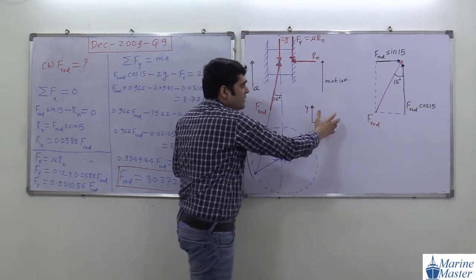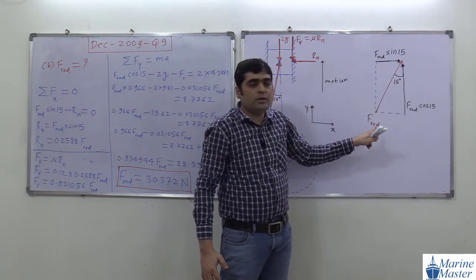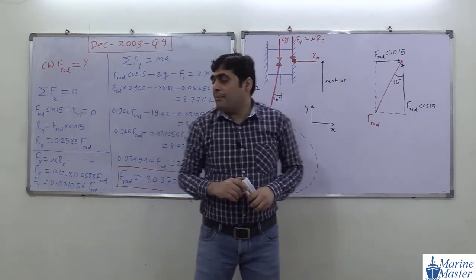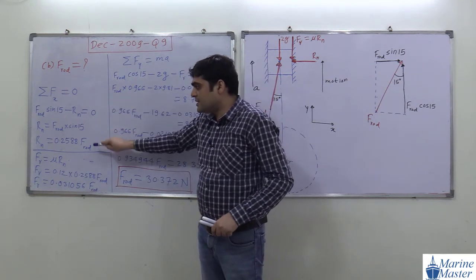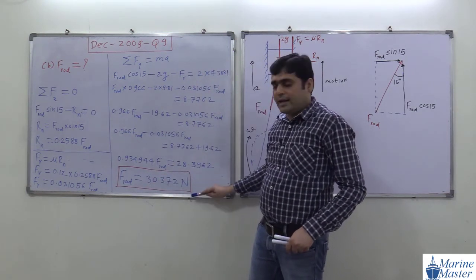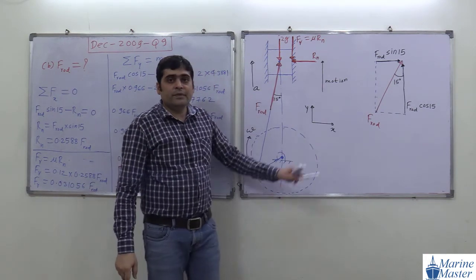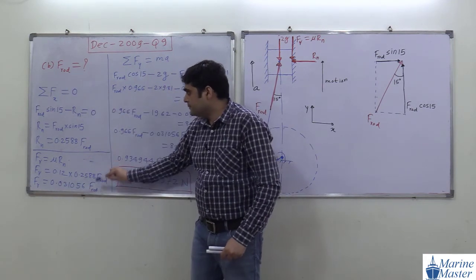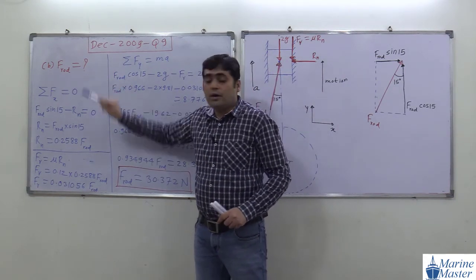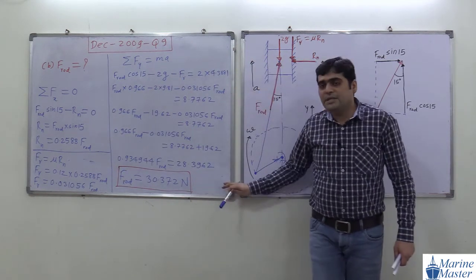Beside this drawing, draw the components of the forces, components of F rod. Then summation of forces in x direction, Rn, then Fr, then summation of forces in y direction, and then F rod. So please everyone complete this point.